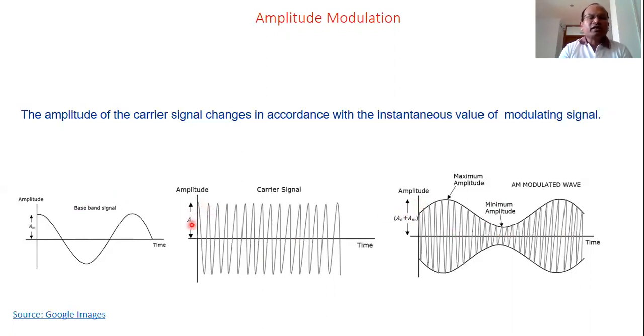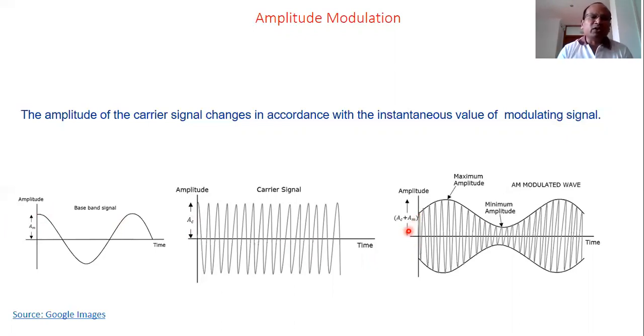Because you look at here, the maximum carrier amplitude at t equal to 0 is AC, whereas at t equal to 0, the maximum amplitude of the modulating signal is AM. As we know in amplitude modulation, the carrier amplitude changes in accordance with the instantaneous value of the message signal. Therefore, at t equal to 0 in the modulated signal, the amplitude will swing from a minimum value to AC plus AM.